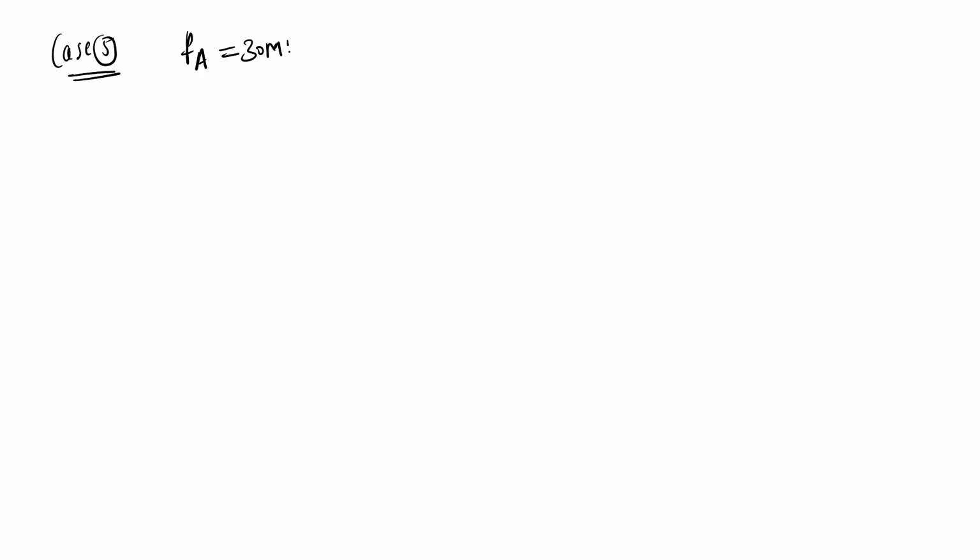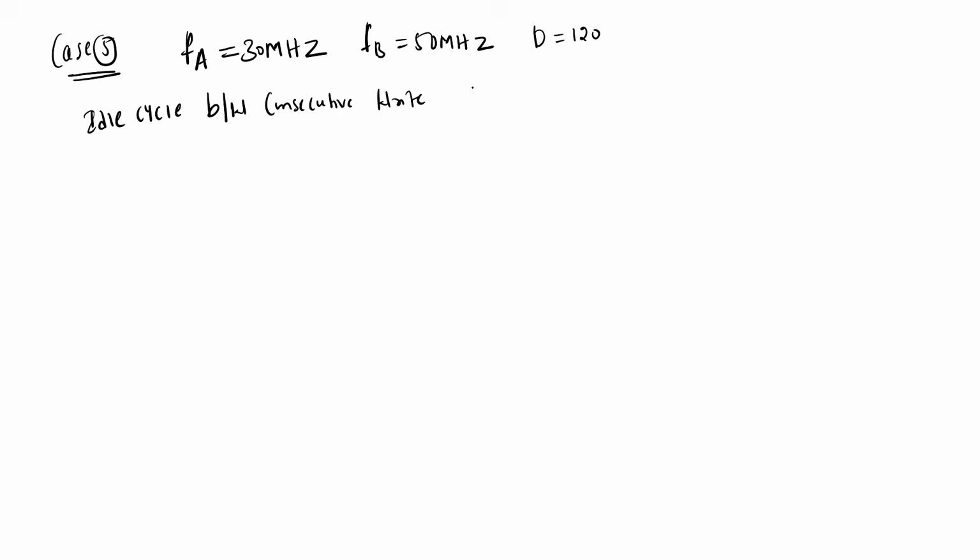Okay, case 5. FA is 30 megahertz and FB is 50 megahertz and data rate is 120, and they given the idle cycles between consecutive write equal to 1, and idle cycles between consecutive read equal to 3.